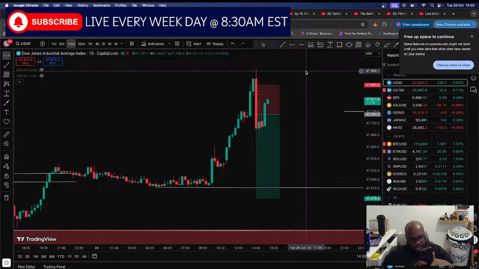Can we get this to turn even slightly red to indicate there's some sellers here? No, that's the second time we failed to even turn slightly red. Can we do it this time? Not even moderately. And there come the buyers.